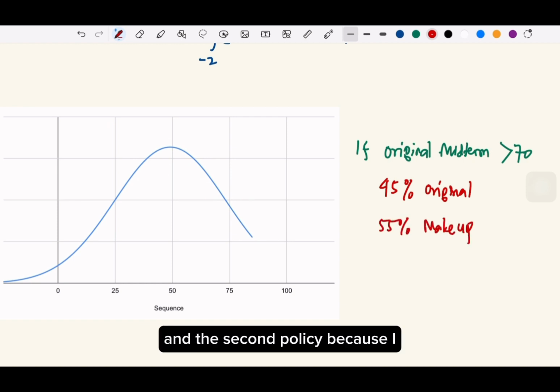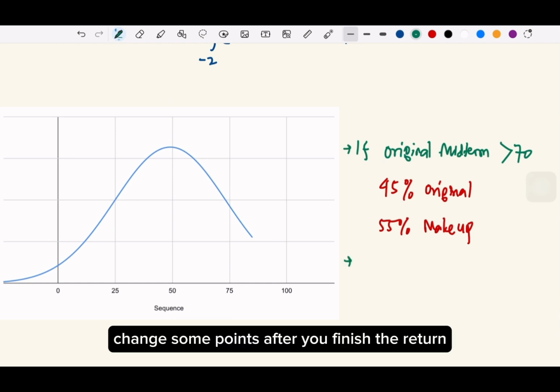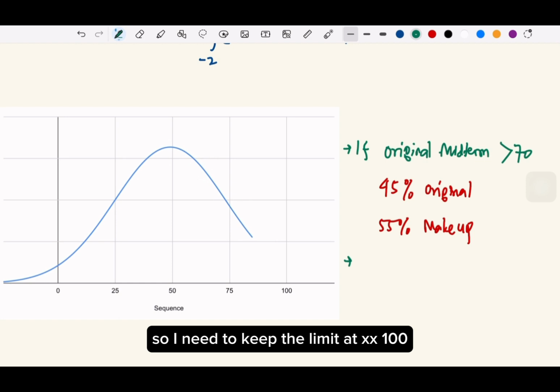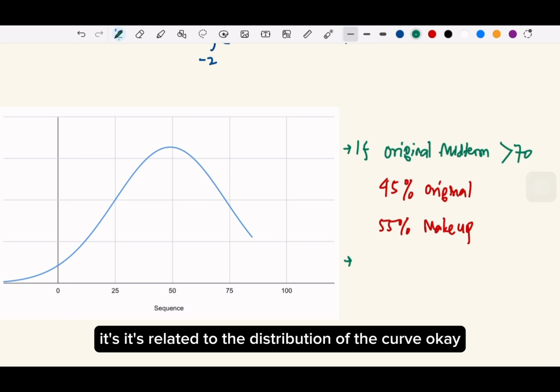And the second policy: because I changed some points after you finished the term, some students are getting more than 100. So I need to keep the limit at 100 to make it fit better with the curve. Okay, it's related to the distribution of the curve.